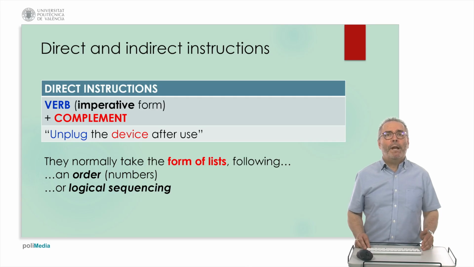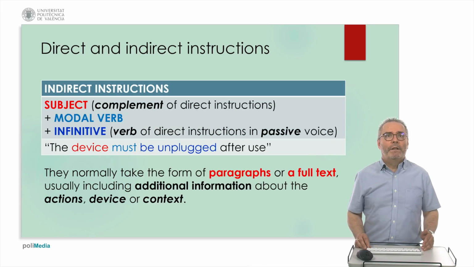For example, unplug the device after use. This type of instructions normally take the form of lists, following an order in numbers. For example, numbers are very typical here, or logical sequencing, in which we use connectors, specific connectors.